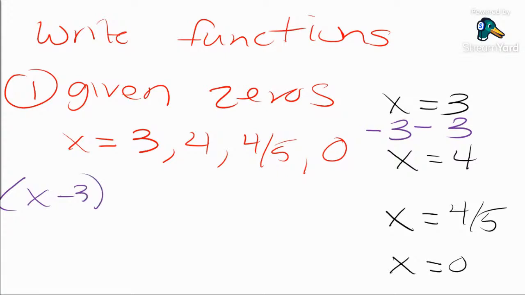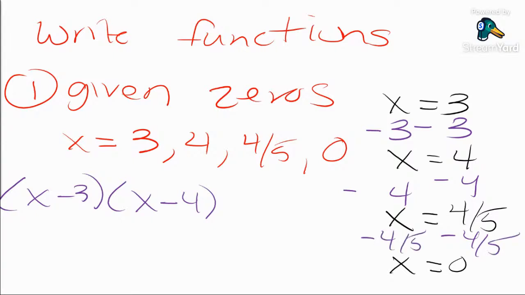For x equals 4, we would subtract 4 on both sides, so we end up with x minus 4. Now, for x equals 4/5, we can do this a couple ways, but the most simplistic way is just subtracting 4/5 on both sides. So we get x minus 4 over 5. And when we look at x equaling 0, we can keep it like this and just have x.